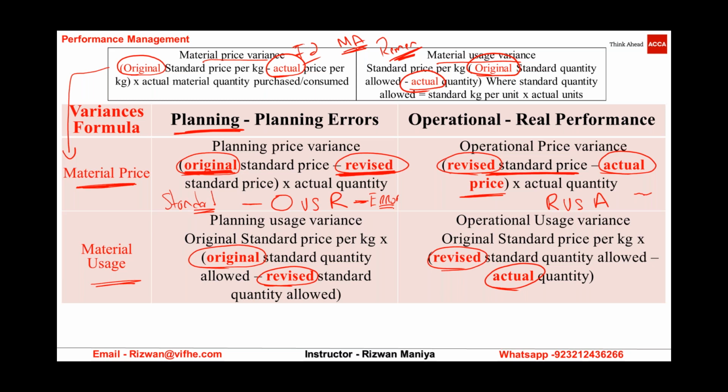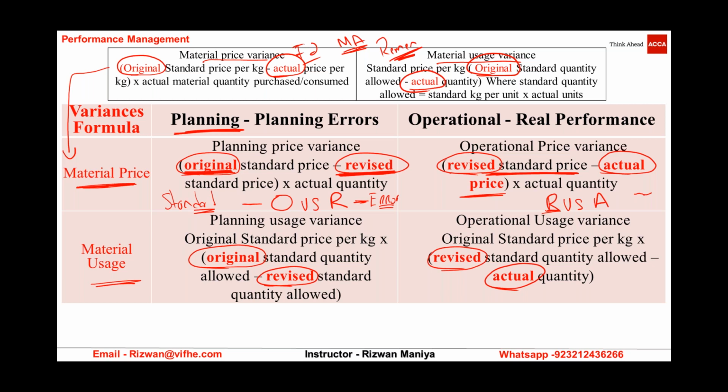Wow. Simple. O versus R. When it comes to operational, it's what? Real performance, right? We need to judge real performance. So we need actual versus the revised standard, the realistic standard, the standard which is not error based.